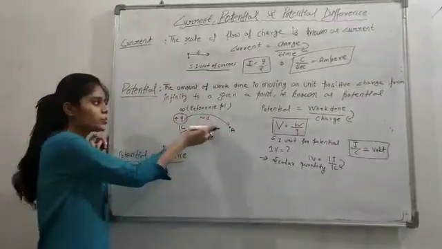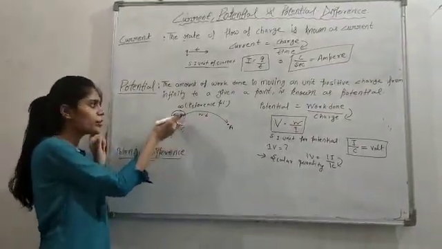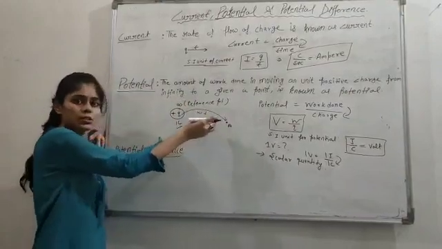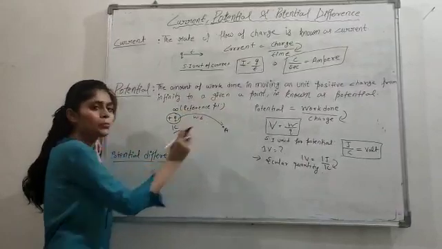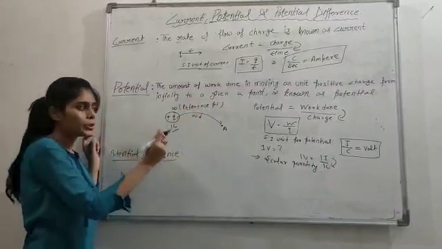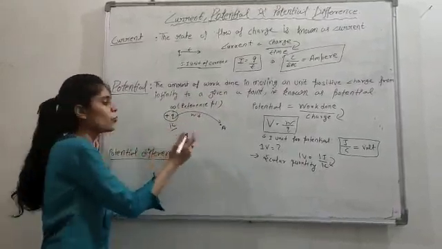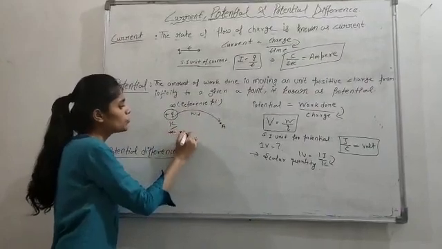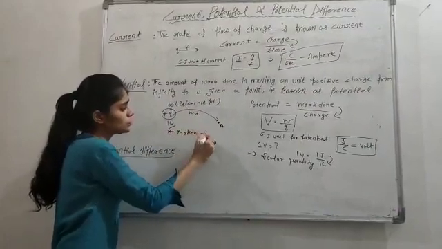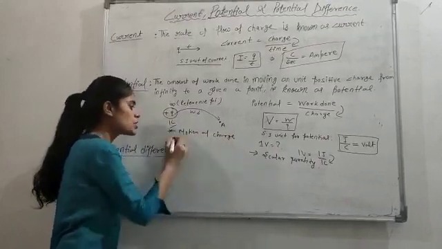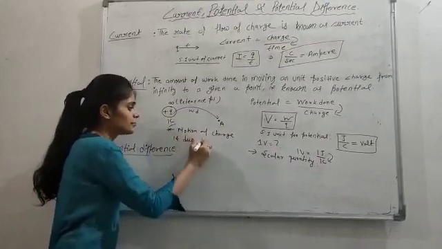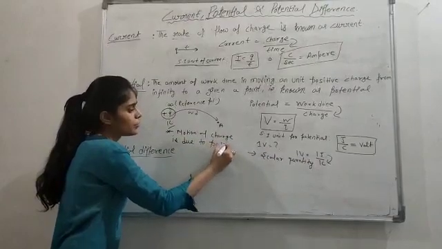Because of this potential, the charge is moving from infinity, or from any reference point, to a given point. That means potential is responsible for the motion of charge, or you can say motion of charge is due to potential.